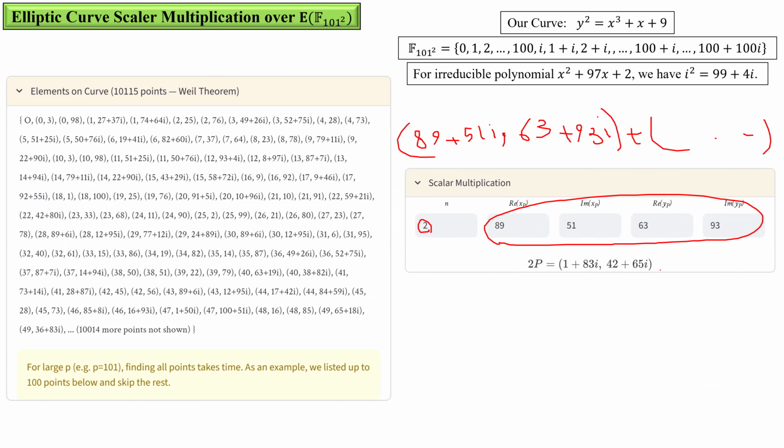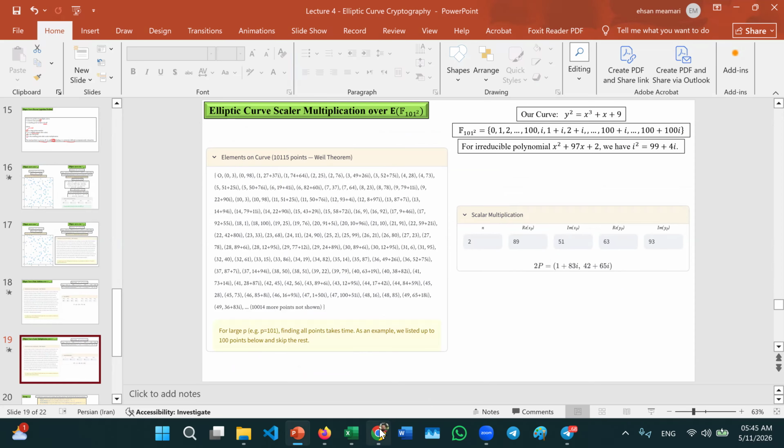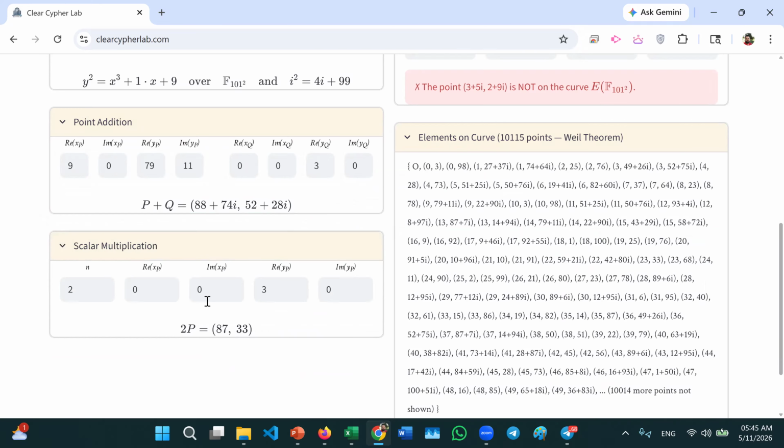So the result would be this one. And you can increase this 2 by 3, 4, and so on, or use the website tool. So here in the scalar multiplication, you can increase the value of n to compute 3 times of the elements.